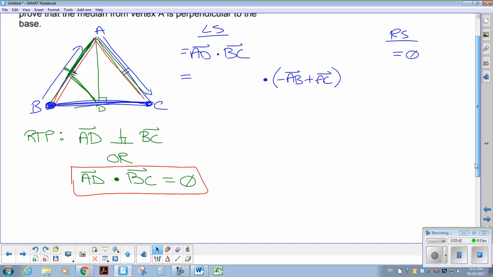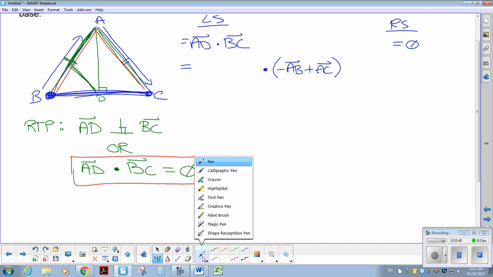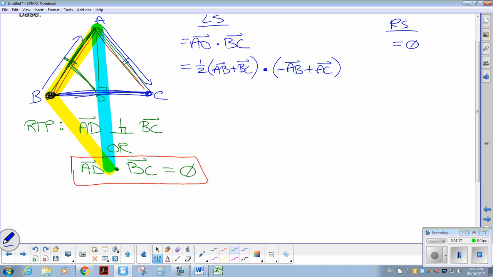If I add AB and AC, I end up with 2AD. Or you can go half of AB plus half of BC. So AD is equal to 1/2 of AB plus BC. And there's your very tricky, complicated part, seeing that external vector addition.